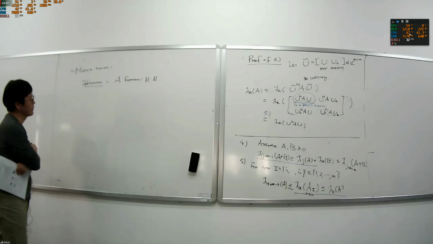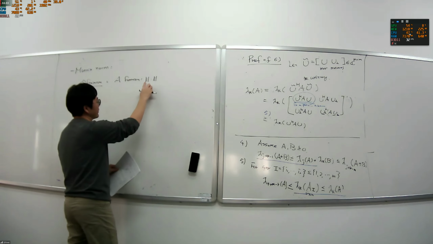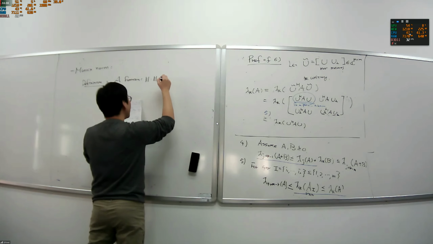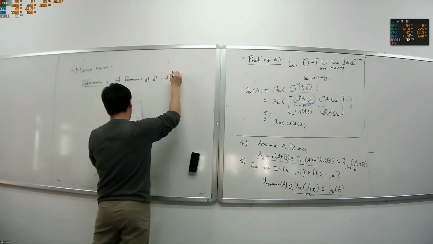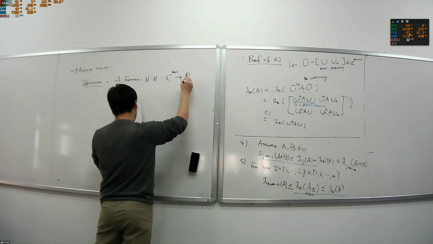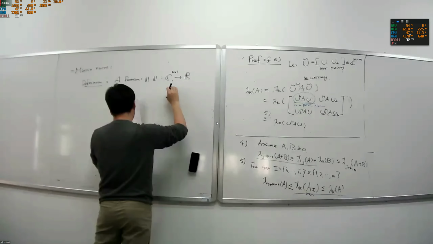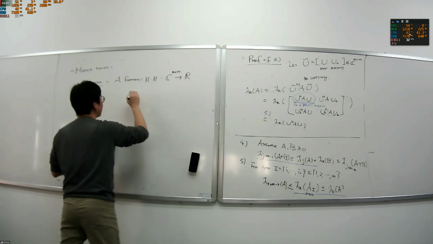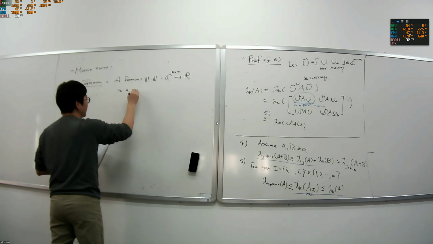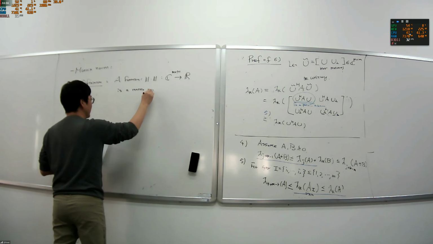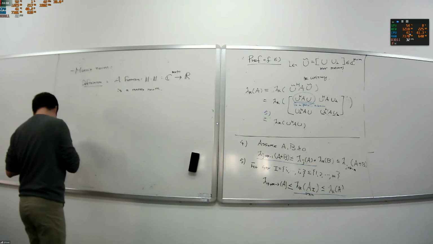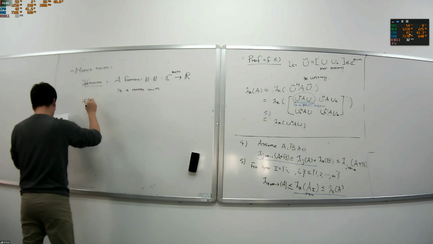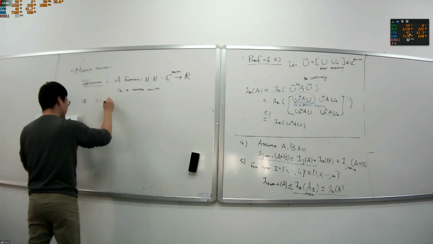If you see 3 vertical lines, it's a matrix norm if it satisfies these axioms.